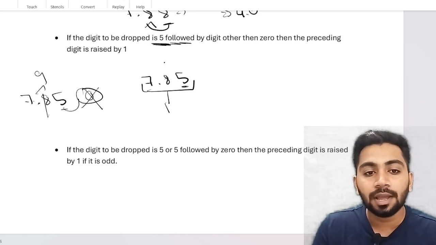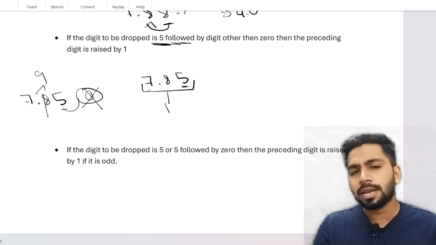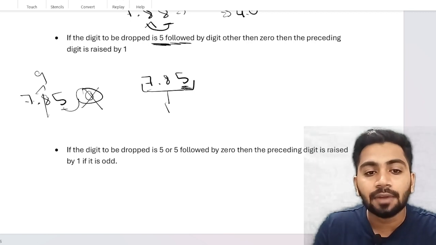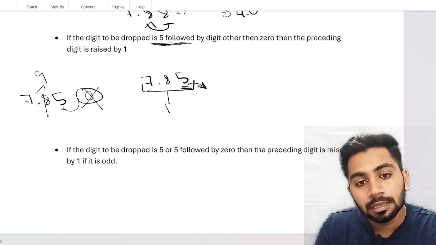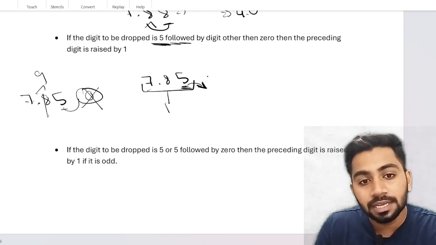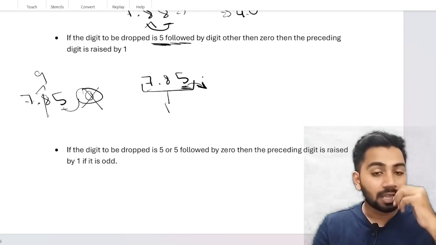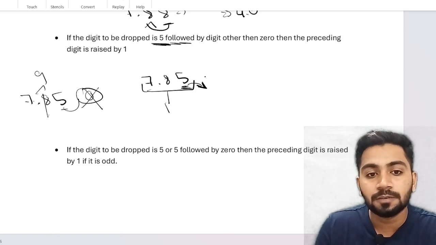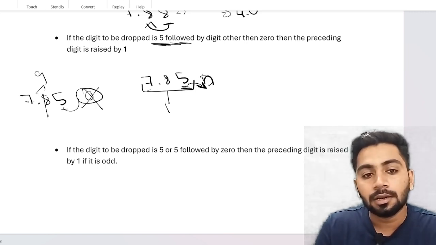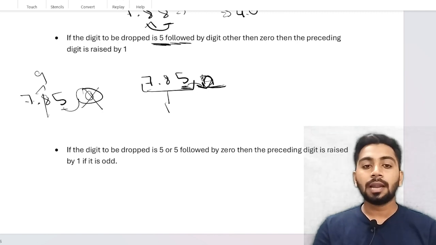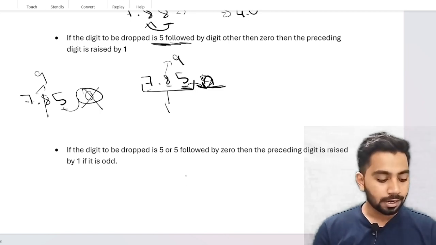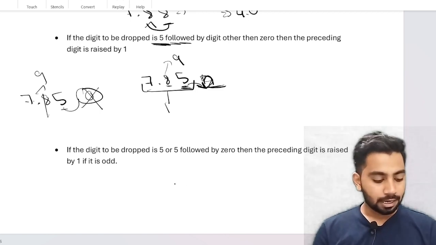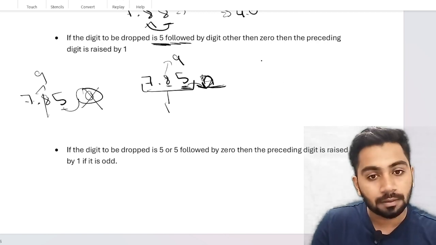If it is less than 5, you will leave it the same. But if it is exactly 5, then you have to see the number next to it. If it is non-zero, which means any number, let's say 2, then you will increase it by 1. It becomes 9. Clear? See, I will take one more example.